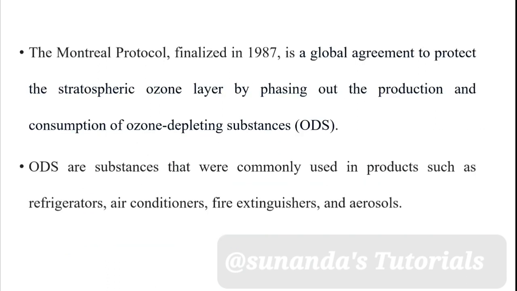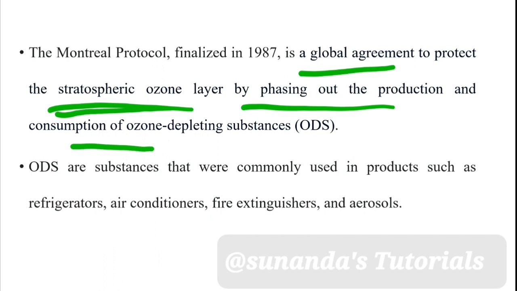Then the Montreal Protocol. According to the Montreal Protocol in 1987, it is a global agreement to protect the stratospheric ozone layer by phasing out the production and consumption of ozone depleting substances. Mainly chlorofluorocarbons help in the depletion of the ozone layer, and the ozone layer is helpful because it prevents the harmful UV radiation from coming to our Earth's surface.